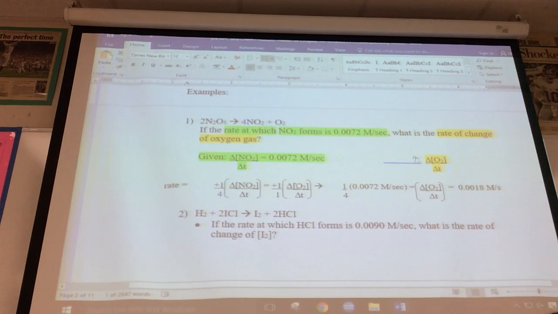So in this first example here, I just want to make sure the wording is clear, because this is really the only place, well, I guess the math could be a minor issue. We've got the decomp of dinitrogen pentoxide to nitrogen dioxide and oxygen gas. It says the rate at which nitrogen dioxide forms is 0.0072 molar per second, and we want to know the rate of change of oxygen gas.